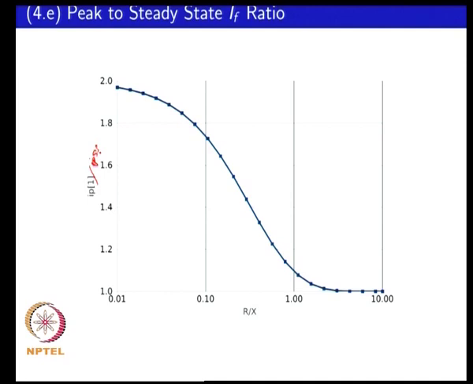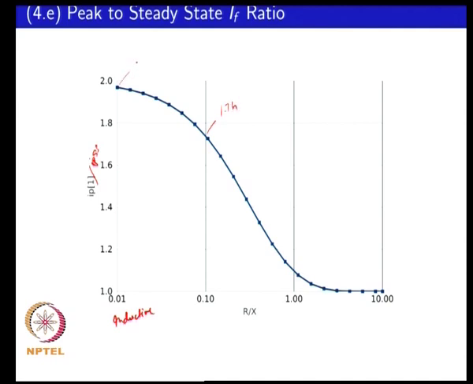at r by x ratio of 0.01, which this end would be inductive. You have almost twice the peak to steady state current, which is what you would expect if you are just exciting an inductor with a sine wave. Your peak current can have a big DC offset which would take your peak to twice the value, and you can see, say, for r by x of 0.1 you have a number which is 1.74.